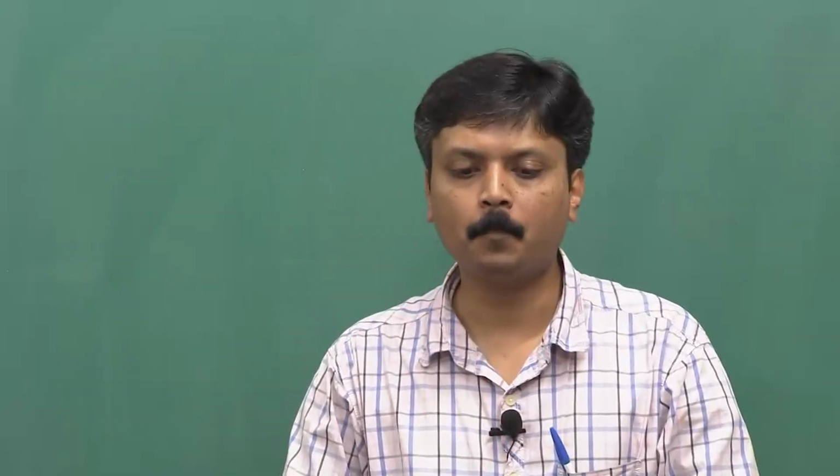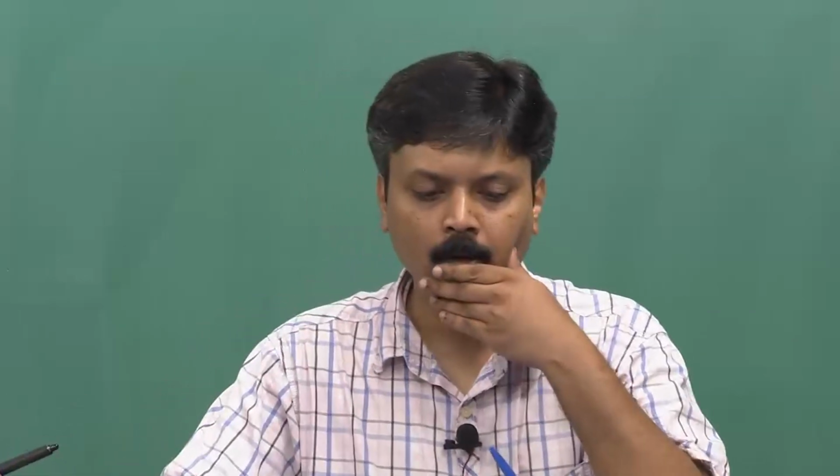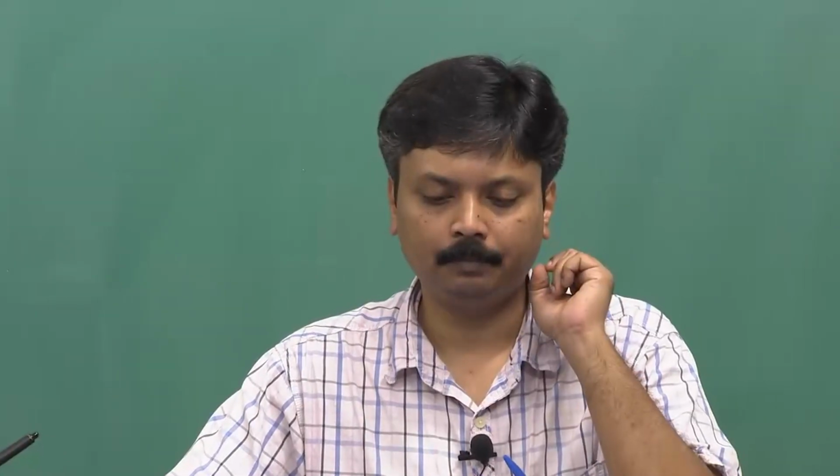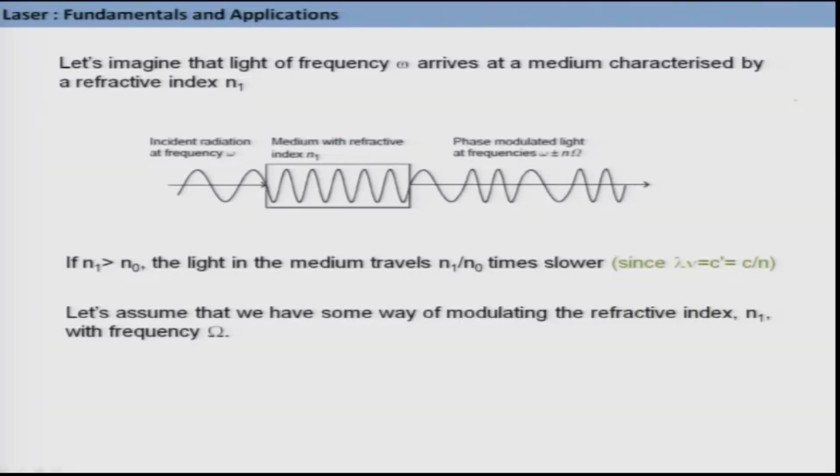So let us imagine that light of frequency omega arrives at a medium characterized by a refractive index n1. Pictorially it is shown here. This is my active medium, and it has a refractive index of n1.